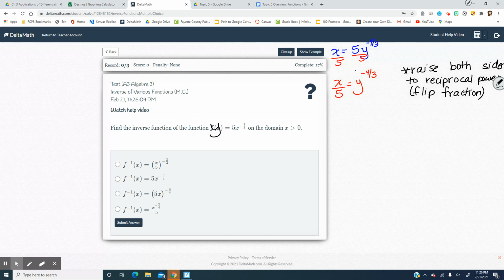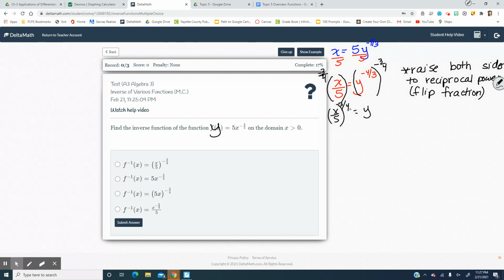So that means I'm going to raise both sides to the negative 3/4 power. So on the left side, negative 4/3 times negative 3/4 multiplies to be 1. On the right side, I have x over 5 to the negative 3/4.